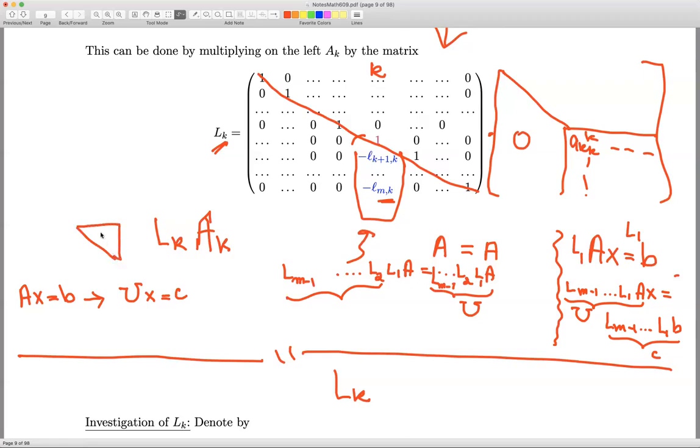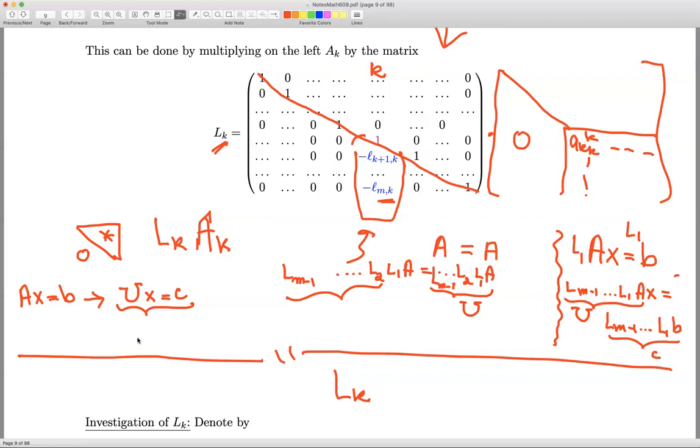So it has this structure. Here is something, and on the main diagonal there is something, and everything below the main diagonal is equal to 0.